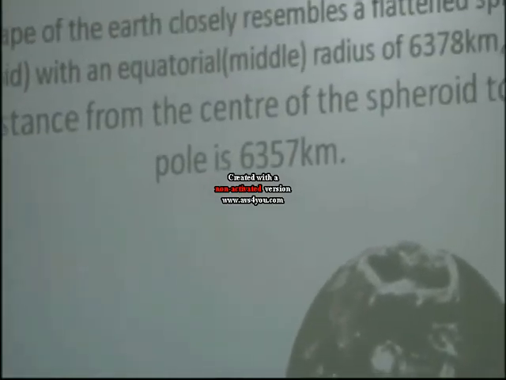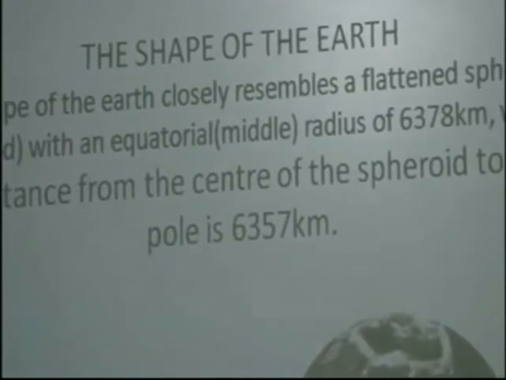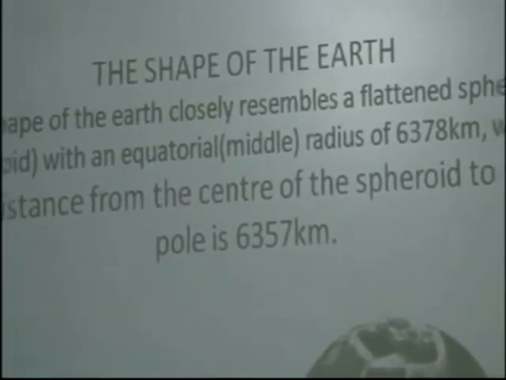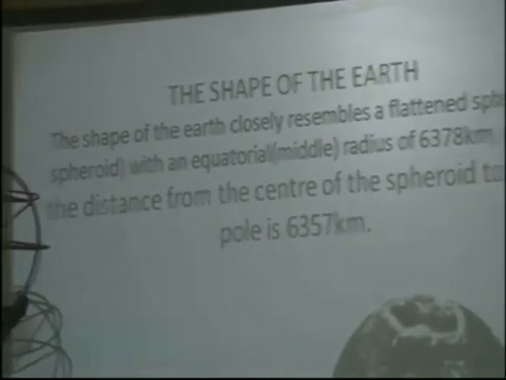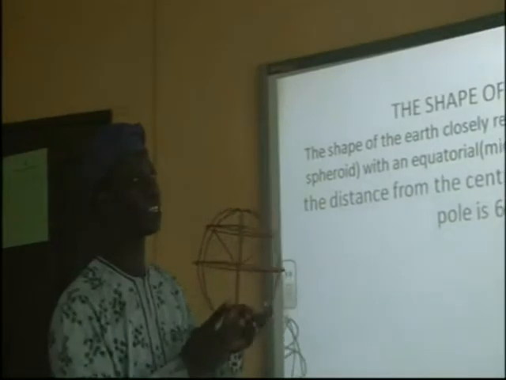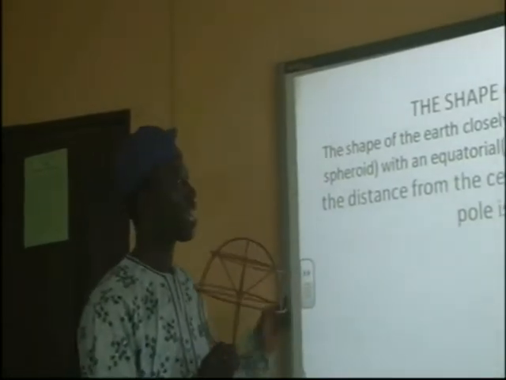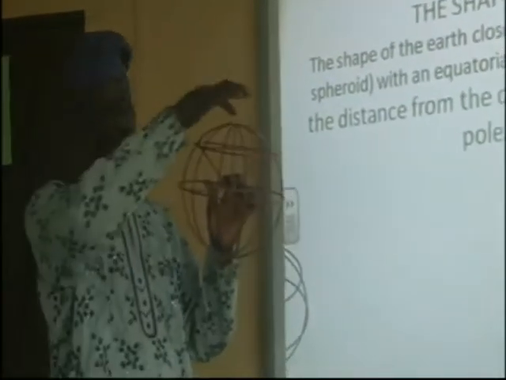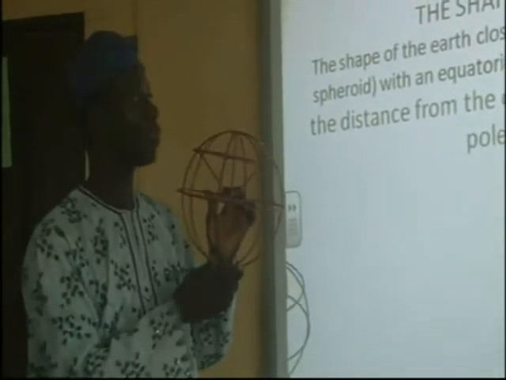The shape of the earth closely resembles a flattened sphere, a spheroid with an equatorial radius of 6,378 kilometers, the equator being the middle, while the distance from the center of the spheroid to each pole, the North Pole and the South Pole, is 6,357 kilometers.